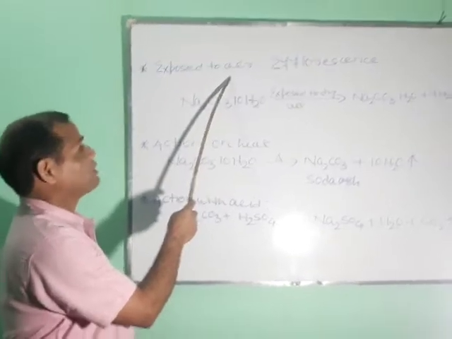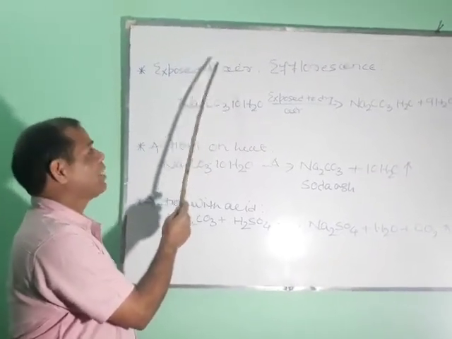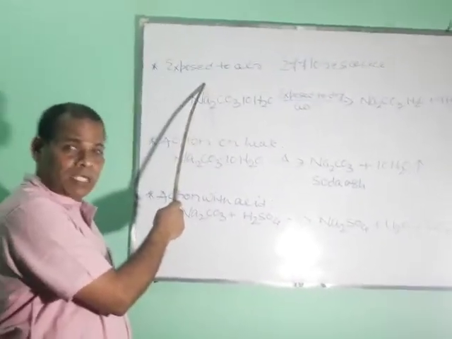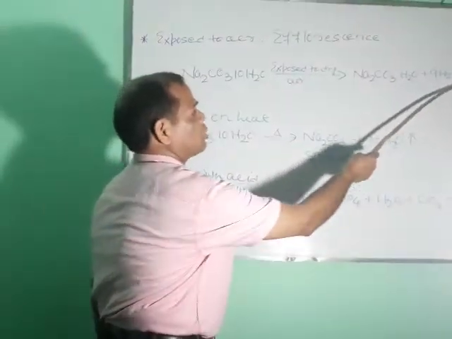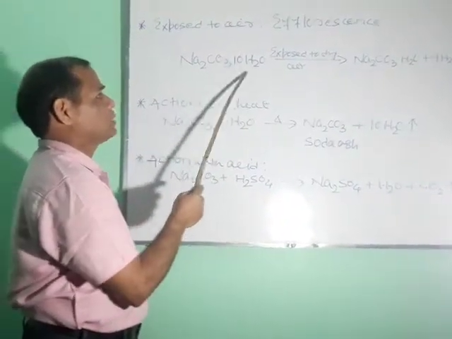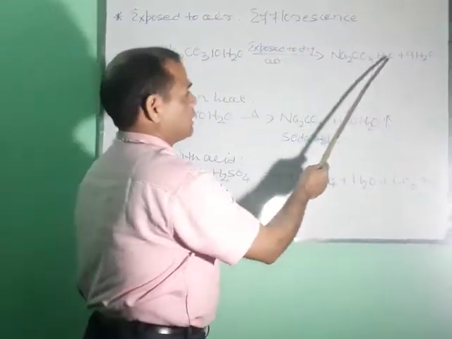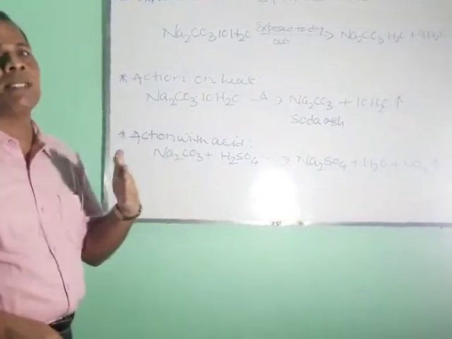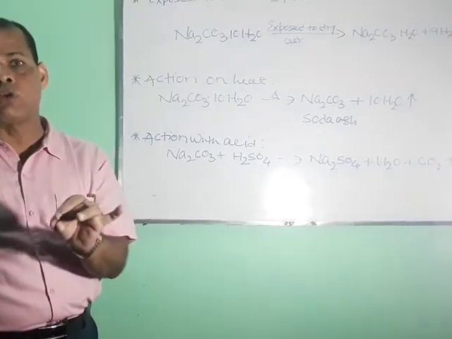Now, when washing soda is exposed to dry air, it loses 9 water molecules. Na2CO3·10H2O exposed to dry air gives Na2CO3·H2O plus 9H2O.